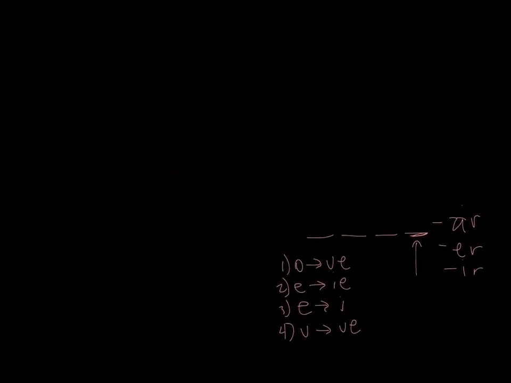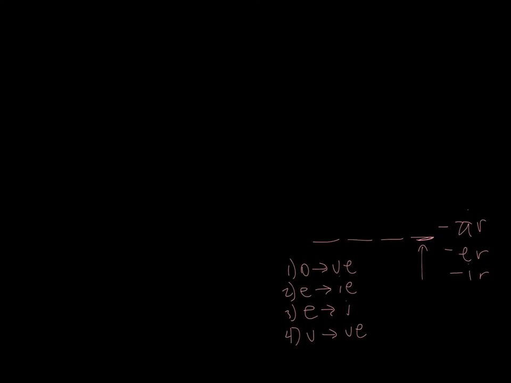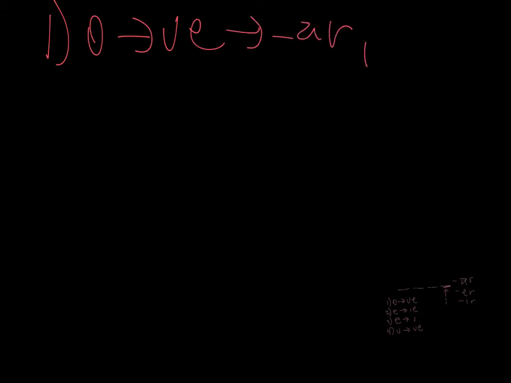Okay. So let's go back to the categories. In the first category, we said that O changes to UE. For this category, you are going to have AR ending verbs, ER ending verbs, and IR ending verbs.